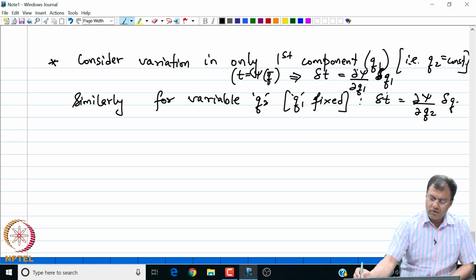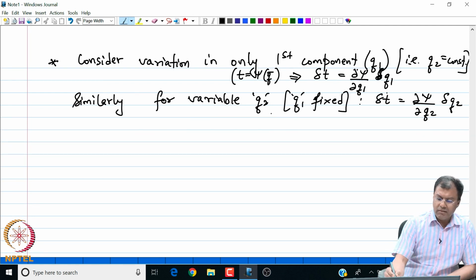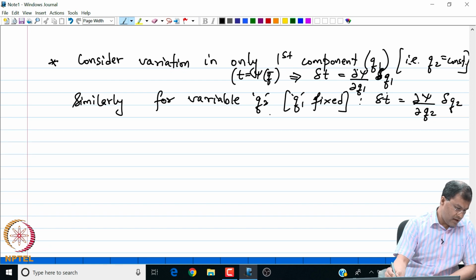Okay, so that's it. Of course, all these extremals satisfy the system of Euler-Lagrange equations.